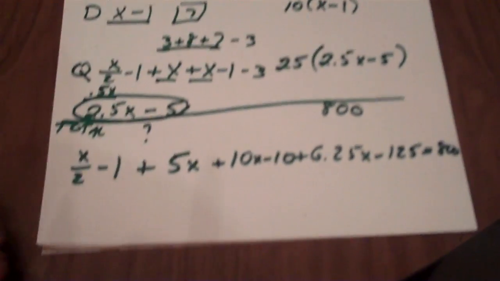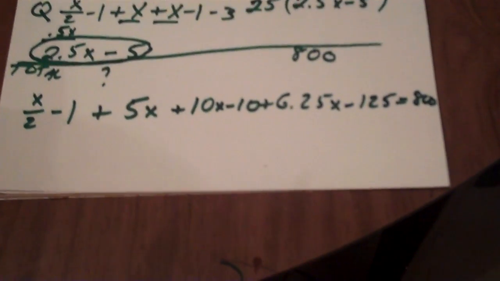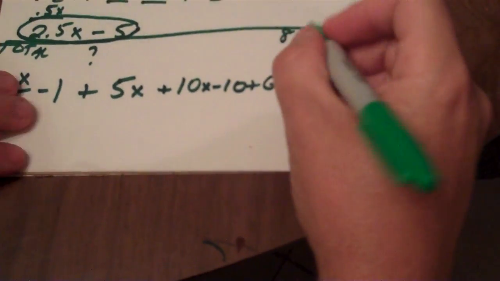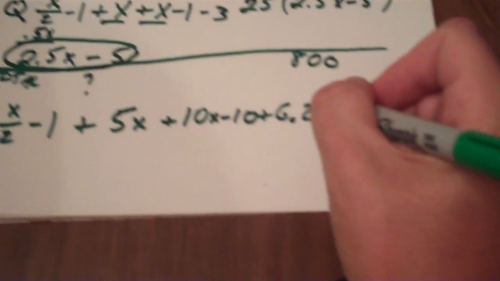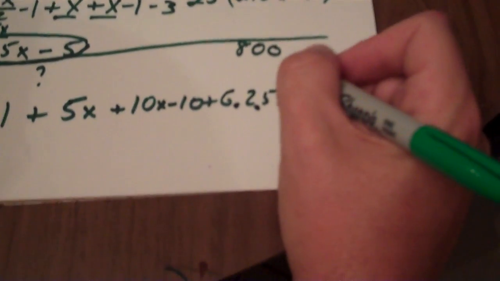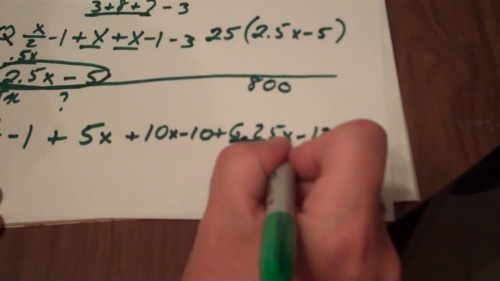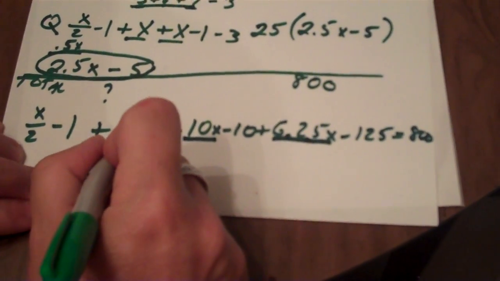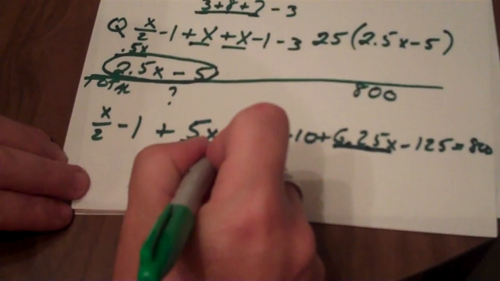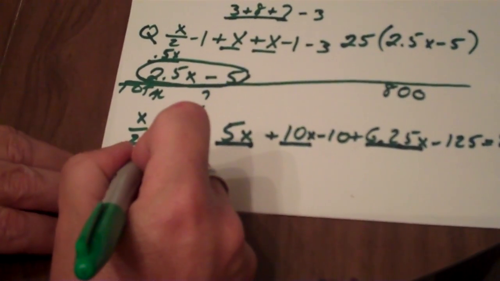Now let's go ahead and do some simplification here again. I'm sorry, I put the decimal point in the wrong place here. That should be 62.5. Basically, at this point, if I simplify and I combine all my x terms, my 62.5x, my 10x would be 72.5, plus 5 would be 77.5, and remember, it's easier, I think, to think of that as 0.5x.